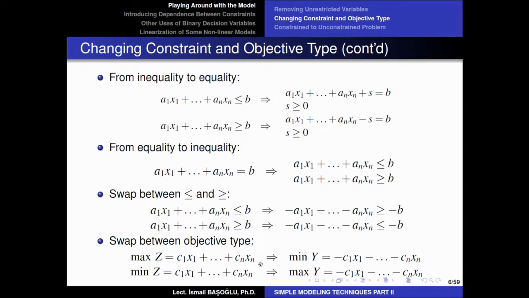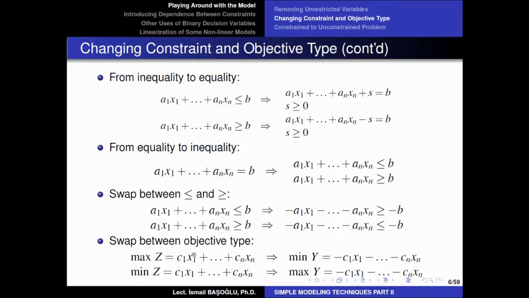We are not forced to have a situation like that in order to use this trick. We can always change between the maximization and minimization type of objective function, whether the objective function is linear or non-linear. The trick is: the maximization of this objective function is actually the same as the minimization of the negative of this objective function.